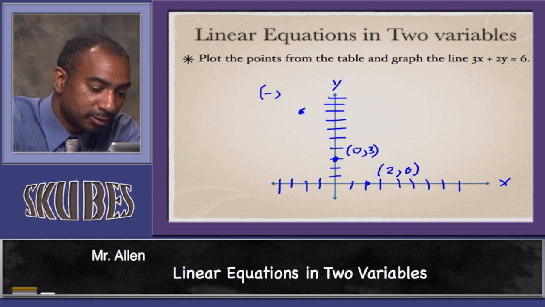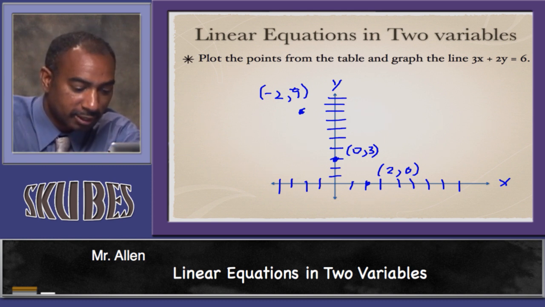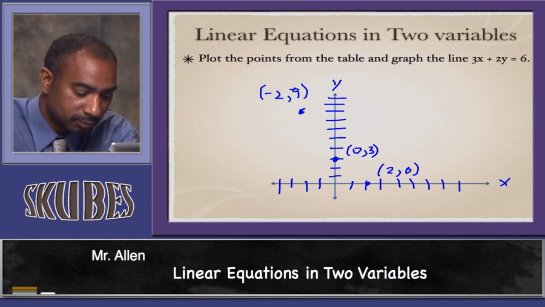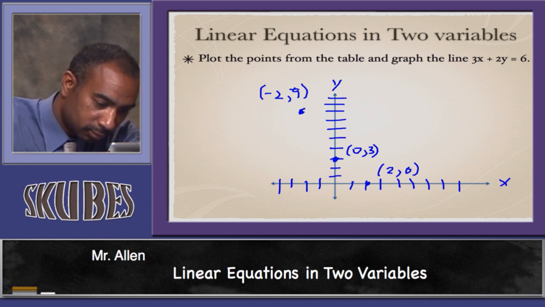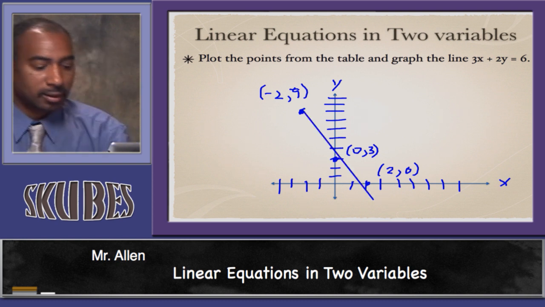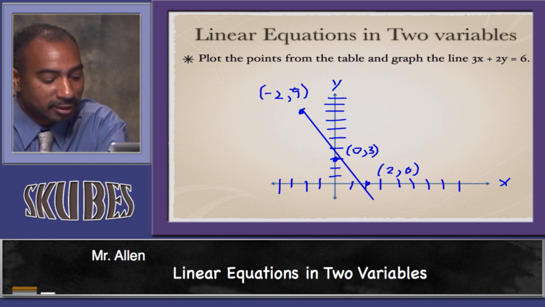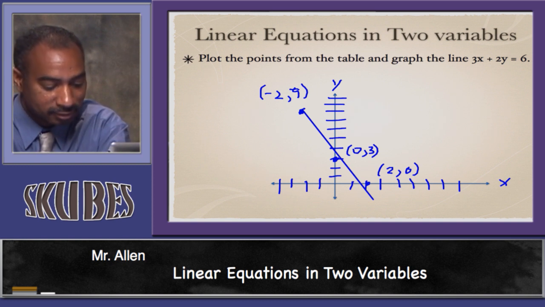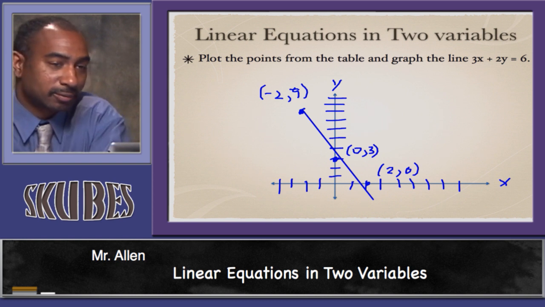And this point is (-2, 9). And the line's going to go through those points. So it goes something like this. And all the points won't fit on this graph, but that's how the line's going to be. It's going to cut through the y-axis and cut down there. All right, this concludes our lesson for today.